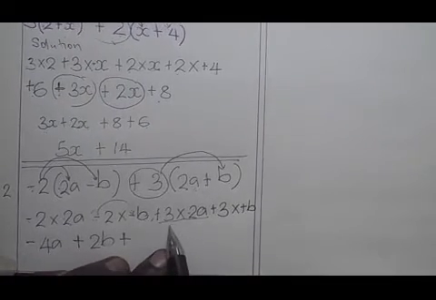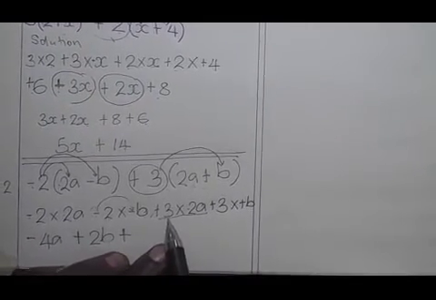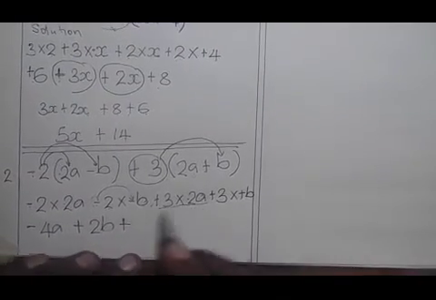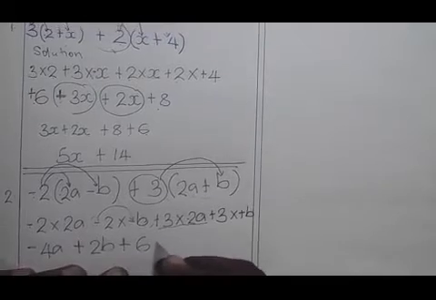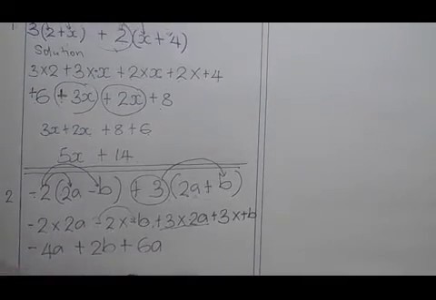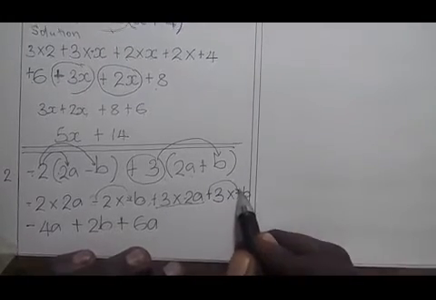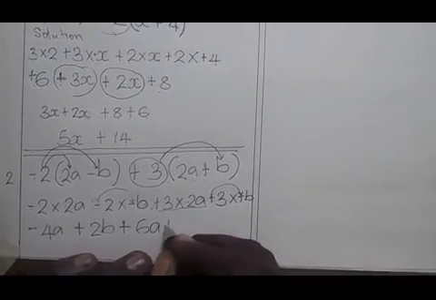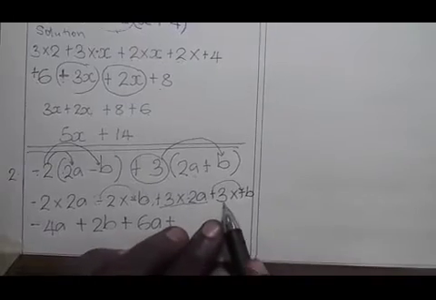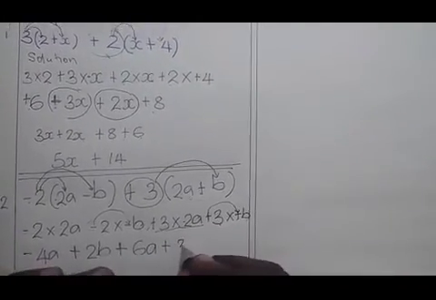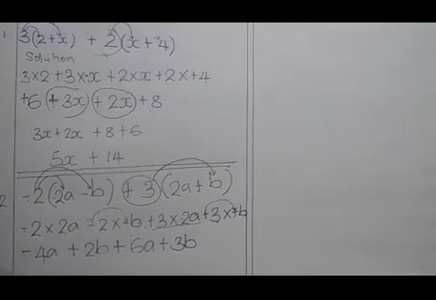So multiply the numbers now. That is 3 times 2a. What is 3 times 2? We get 6. Now add the variable there, a. Now we come to this. This is positive times positive. You remember, we have positive. Now multiply the terms. 3 times b will give us 3b.